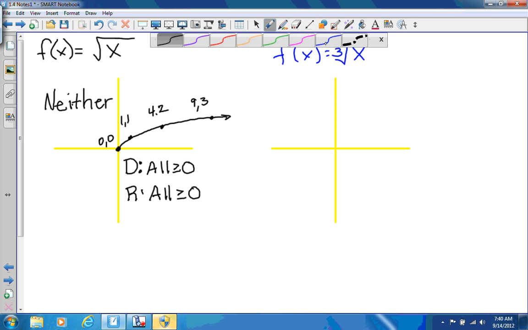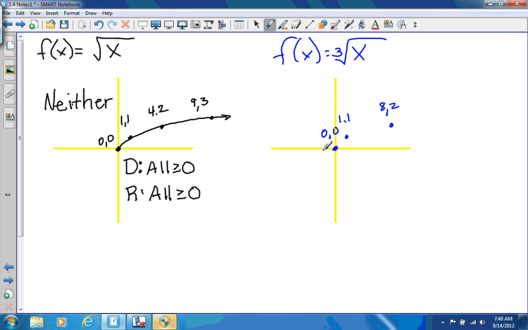The cube root of x still has 0, 0 as a coordinate. 1, 1, 8, 2, 27, 3, 64, 4, and so on and so forth.